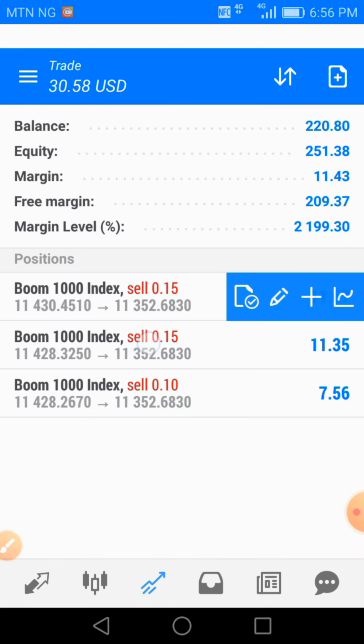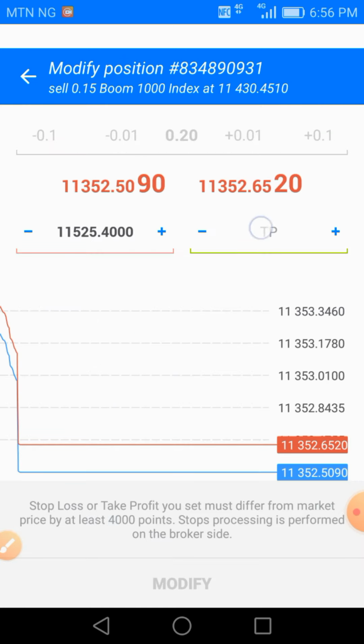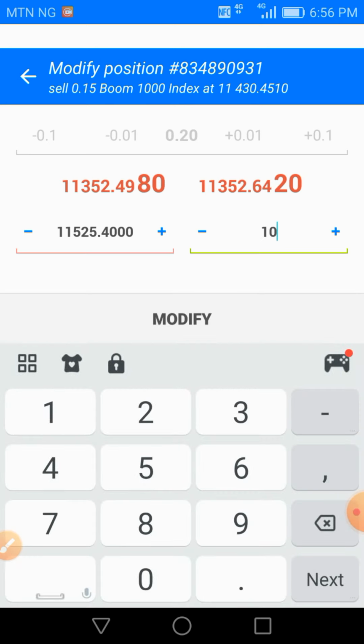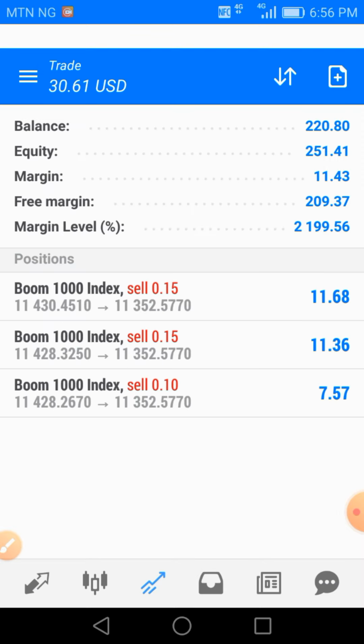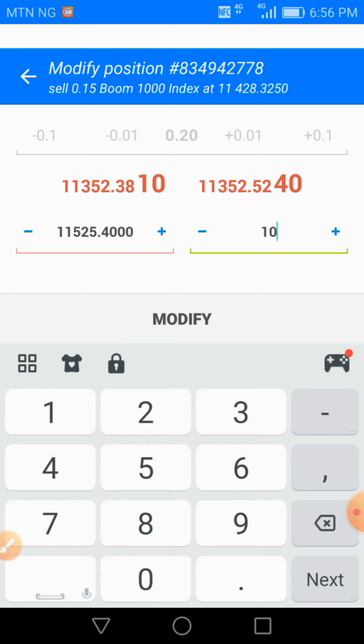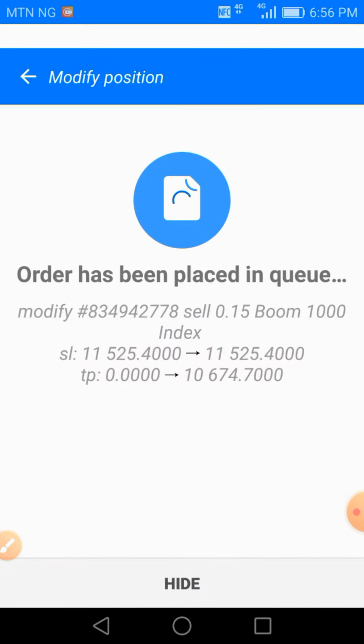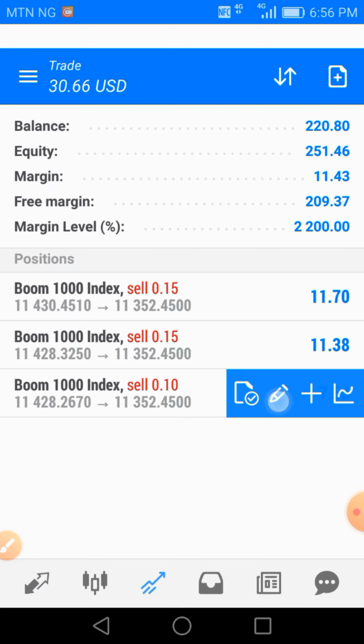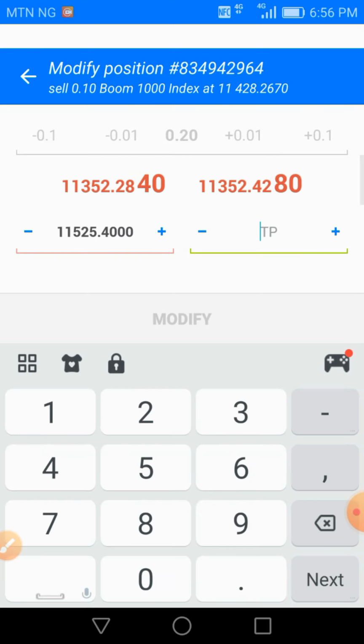To be 10674.7. Then the second one, 10674.7.